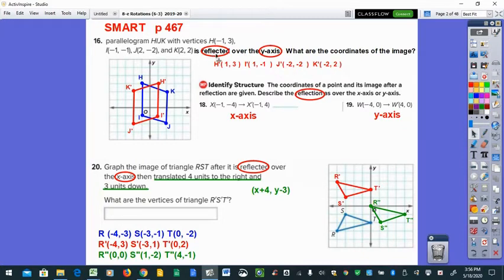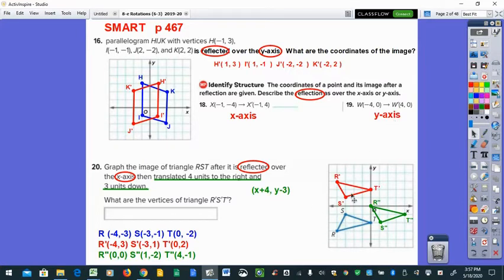So whenever you're reflecting, whichever axis you're reflecting over, the y coordinate in this case would stay the same. If you had been reflecting over the x, the x would have stayed the same. Having said that, if you look at number 18, the x stayed the same, so it's the x-axis. And over here, the y stayed the same, so it's the y-axis.